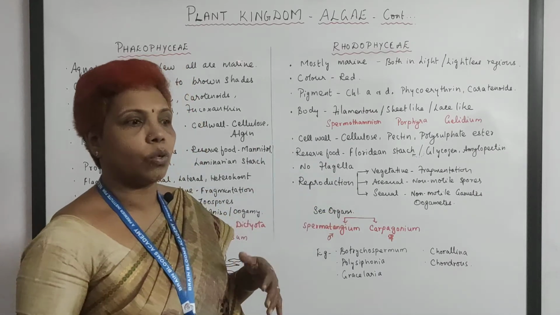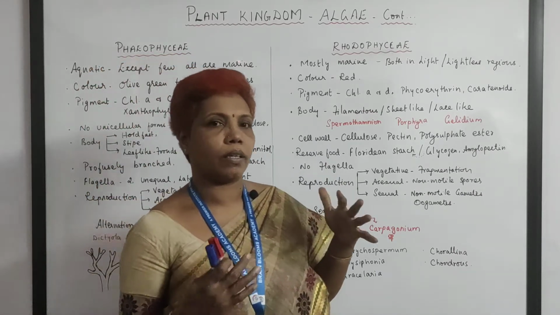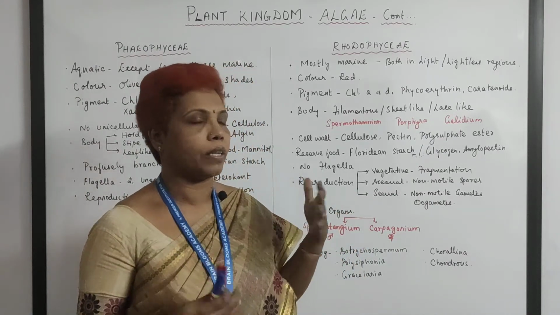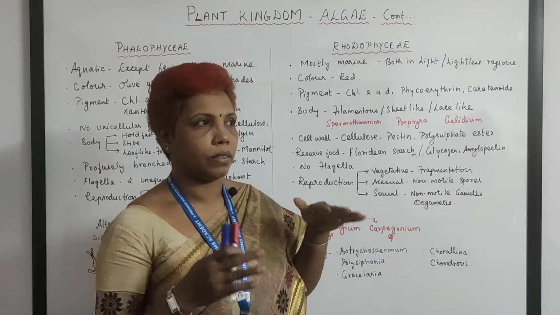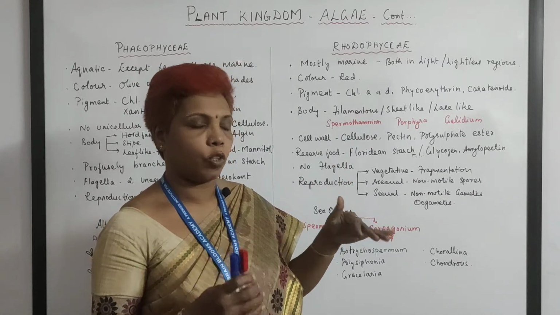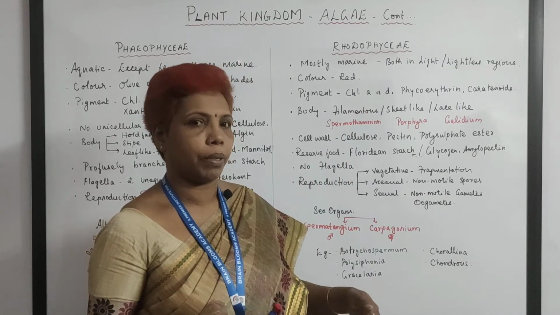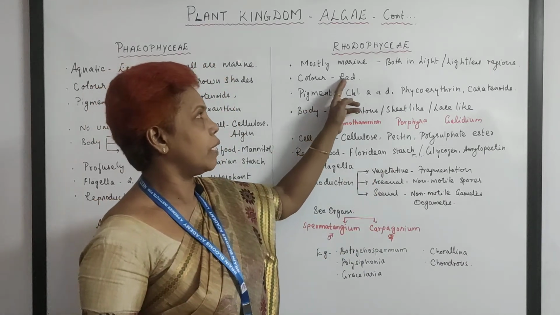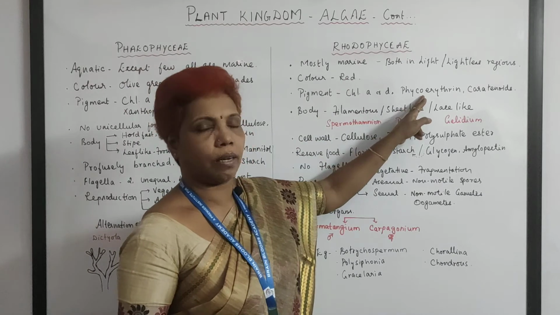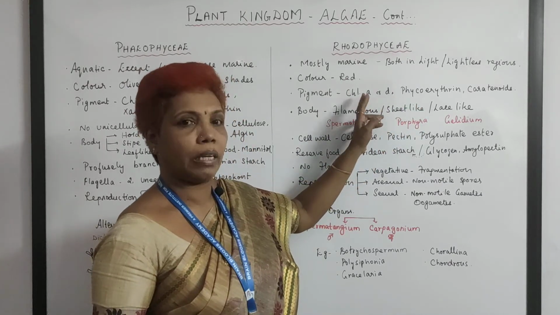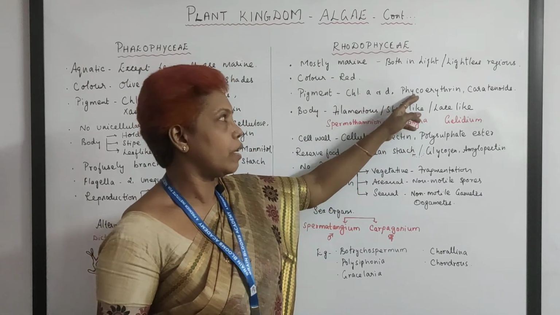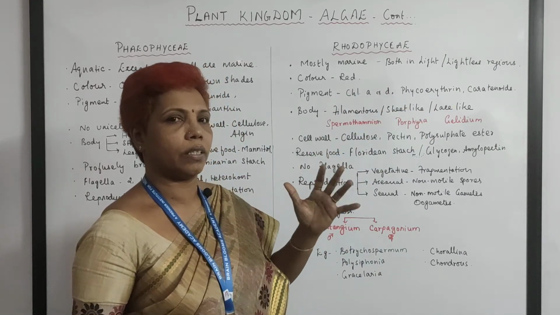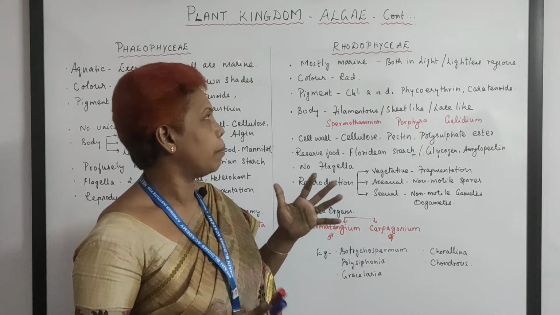Though it is marine, they are present in the littoral zone and the limnetic zone, that is, the highly light-penetrating area, as well as going a bit deeper into the lightless region. The red color is because of phycoerythrin. They have chlorophyll A and D. Phycoerythrin gives them a red color, and along with carotenoids, it has very beautiful red pigments.